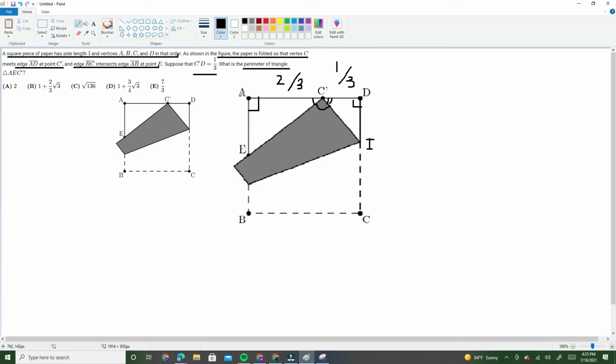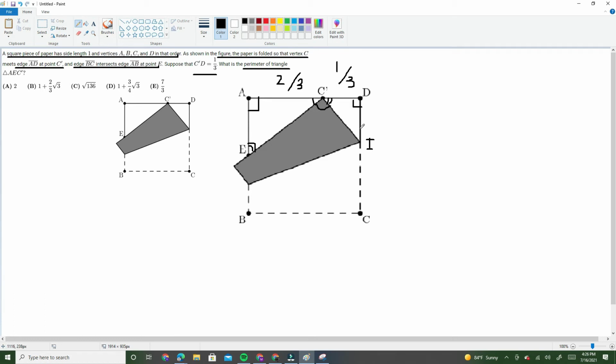Since angle EAC' is already 90 degrees, the remaining two angles, AEC' and AC'E, have to add up to 90 degrees as well, meaning that these two angles are complementary. Now, remember, the complements of the same angle are congruent, so that lets us say that angle AEC' is the same as angle IC'D.